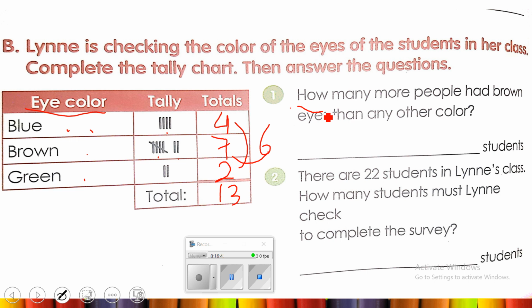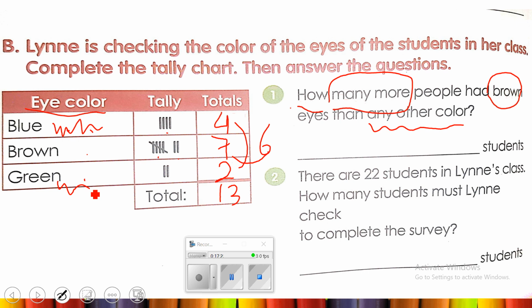How many more means subtraction. What do we have here? Brown, more people had brown eyes than any other color. So I want to compare the brown with all the colors that are not brown. What colors are not brown? We have blue and we have green. So I have to subtract brown minus green and blue.